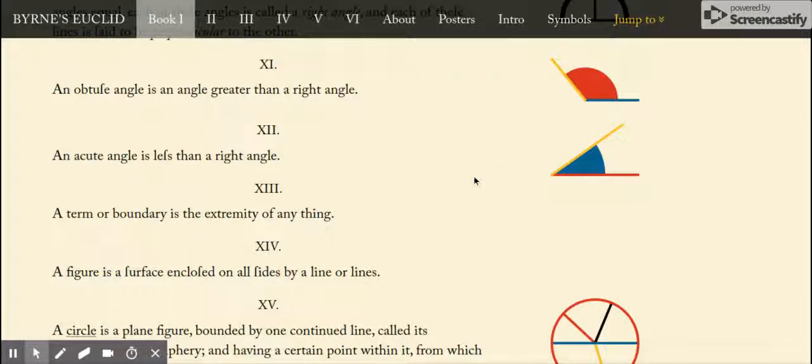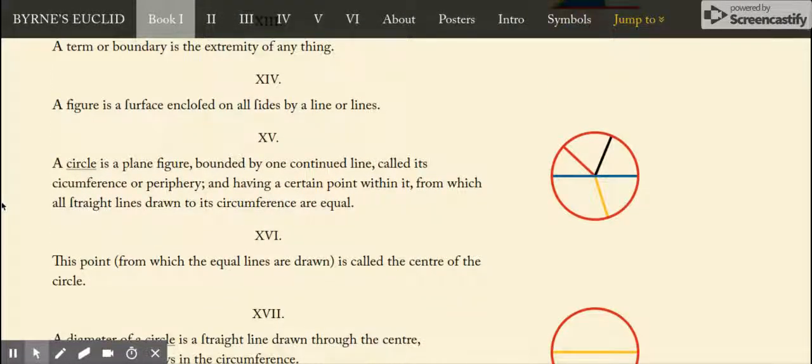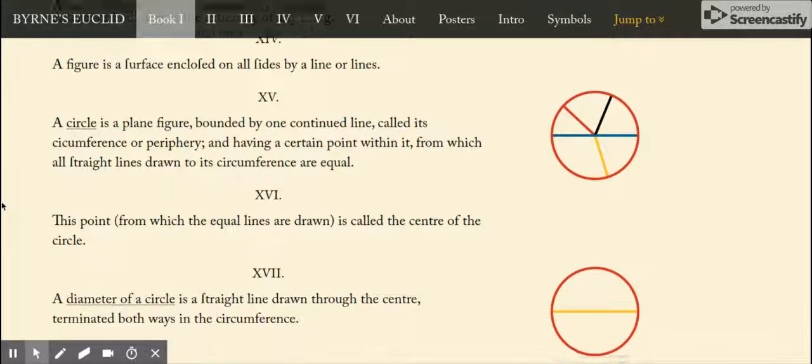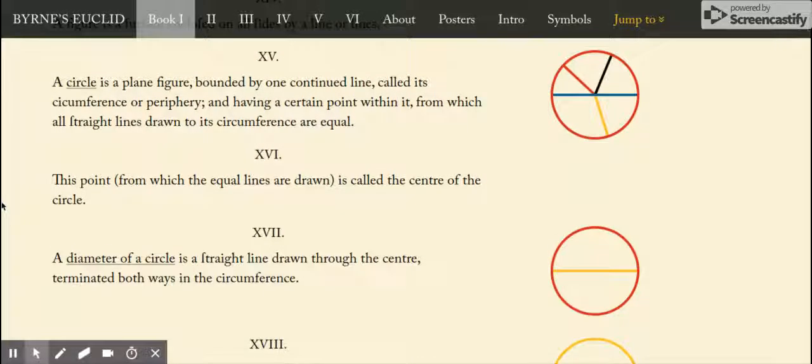A term or boundary is the extremity of anything. A figure is a surface enclosed on all sides by a line or lines. A circle is a plane figure bounded by one continued line called its circumference or periphery, and having a certain point within it, from which all straight lines drawn to its circumference are equal.